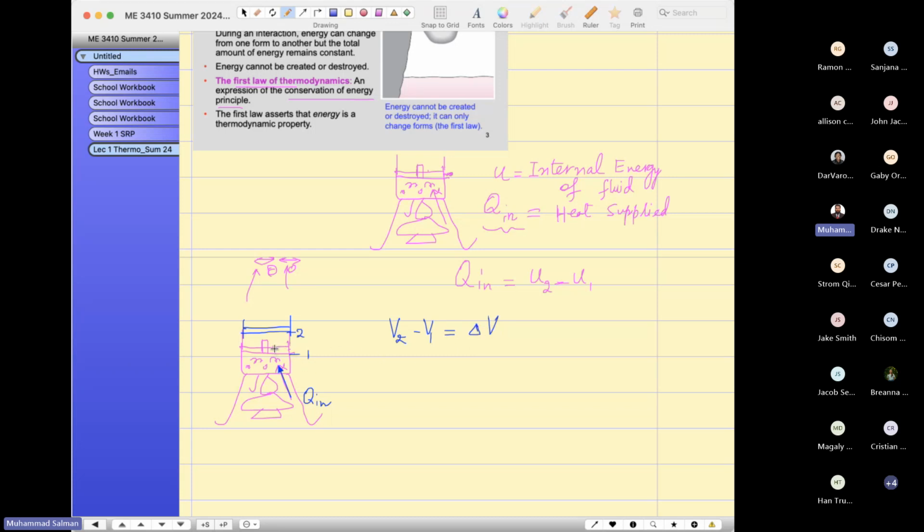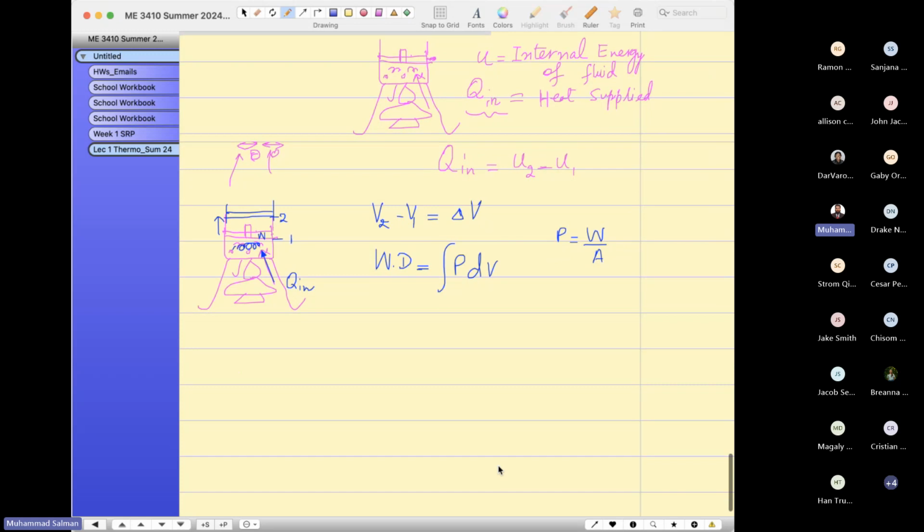This lid has its own weight, and weight per unit area is the pressure. So the work done by these molecules in lifting the container from position 1 to position 2 is generally written as this formula. What this formula says is the work done by the system.